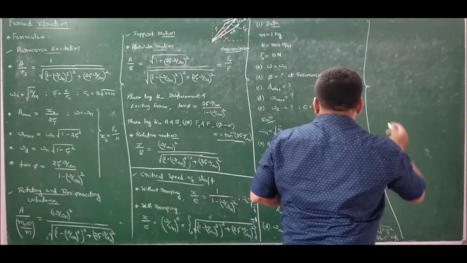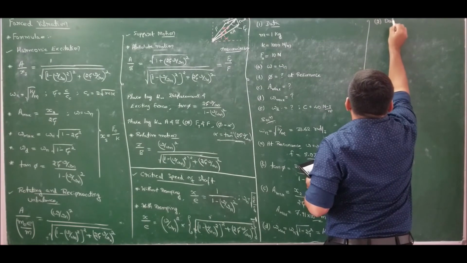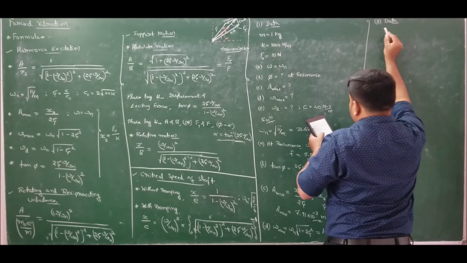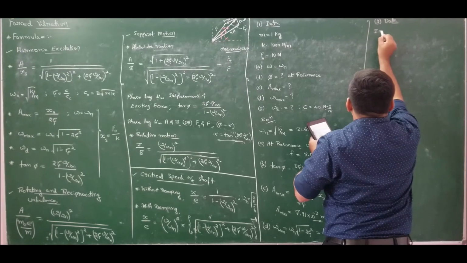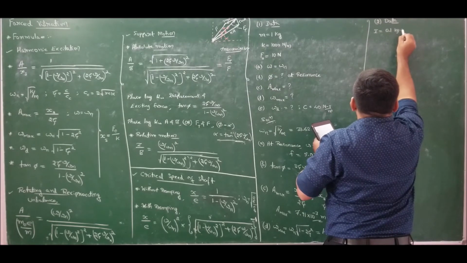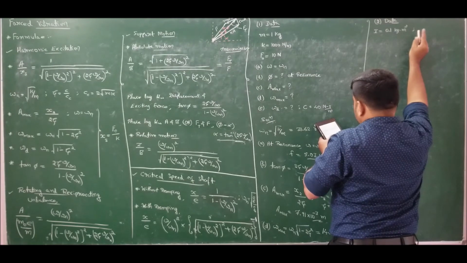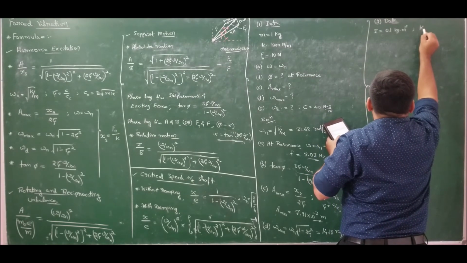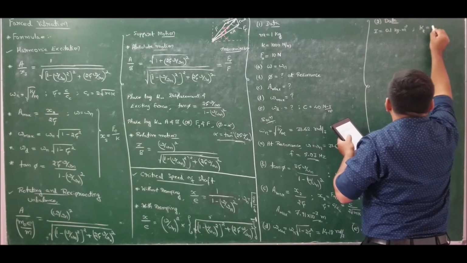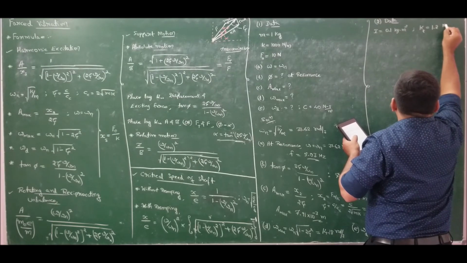So if I list out the data given for problem number 2, a flywheel has a mass moment of inertia I equal to 0.1 kg meter square, suspended by a thin wire of stiffness. It is a torsional problem, hence KT is 1.2, torque per deflection, Newton meter per radian.